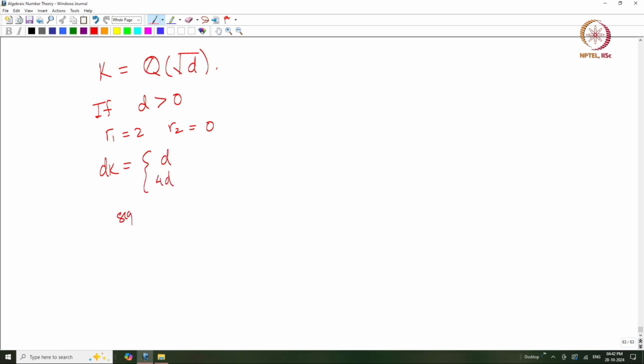In any case, sign of dk is minus 1 to the 0, which is 1. So, it is a positive thing. Now if d is less than 0, then R1 is 0 and R2 is actually just 1, because there is one pair of complex embeddings, and again dk is d or 4d depending on the congruence.